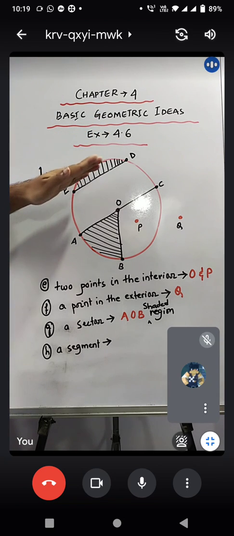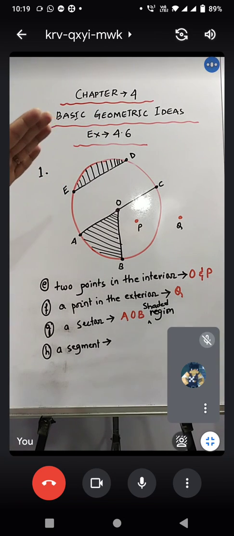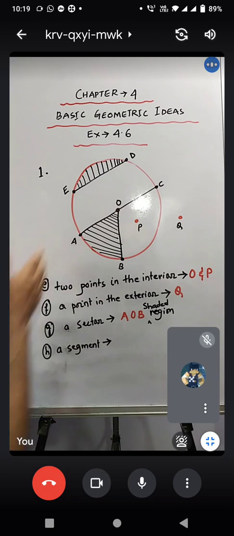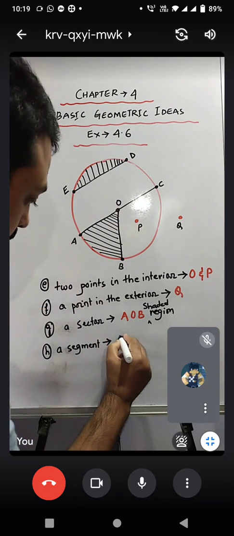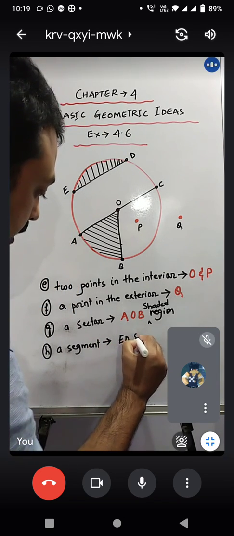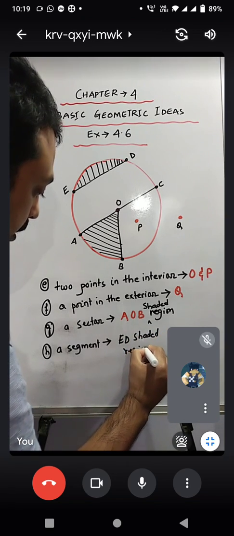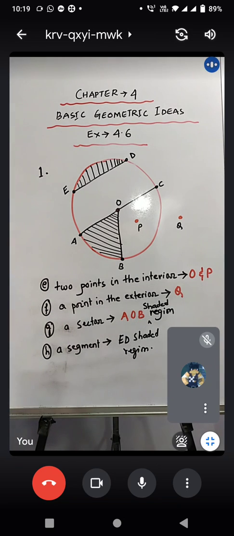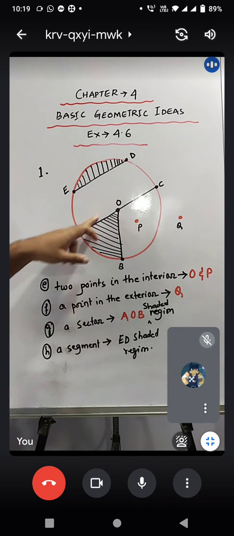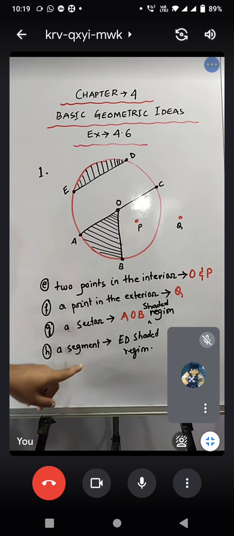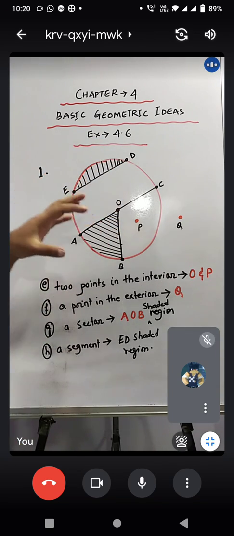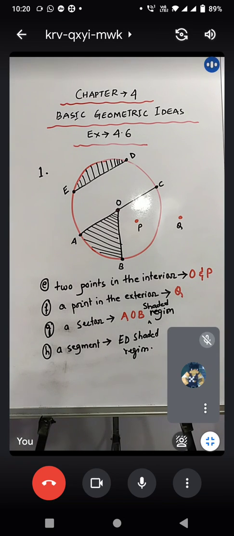So ED shaded region is called a segment. You have to understand the basic difference between sector and segment. A sector is made up of a chord's radii, whereas a segment is made up of a chord. These are very important things that you have to remember.